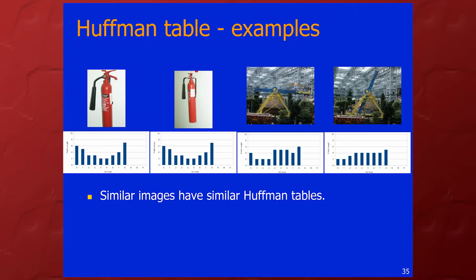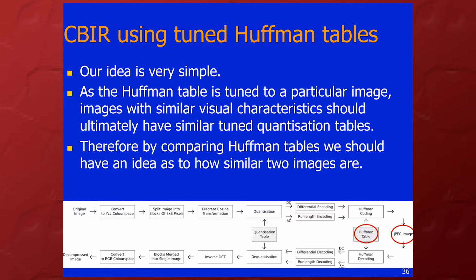So the idea that we had was, in a sense, very, very simple. We can actually use those Huffman tables directly because they're adapted to the data, means adapted to the image, and therefore specific to that image, and they will tell us something about that. In a sense, when we're looking at that DC differentially coded data that I've mentioned before, the Huffman table is a kind of compressed version of that, if you want.